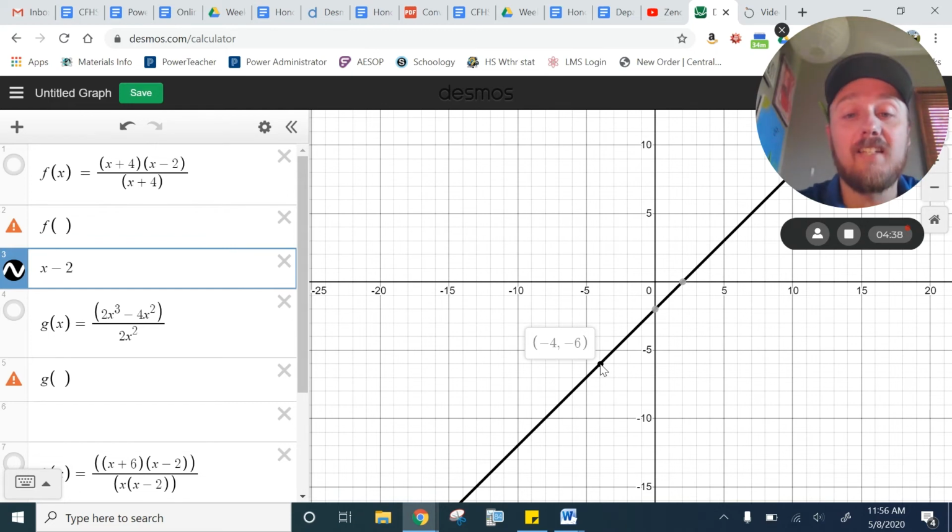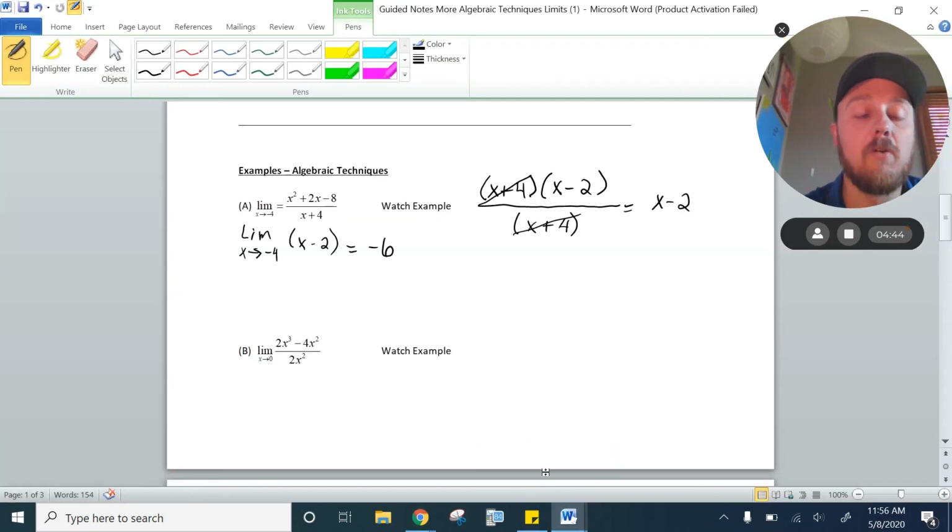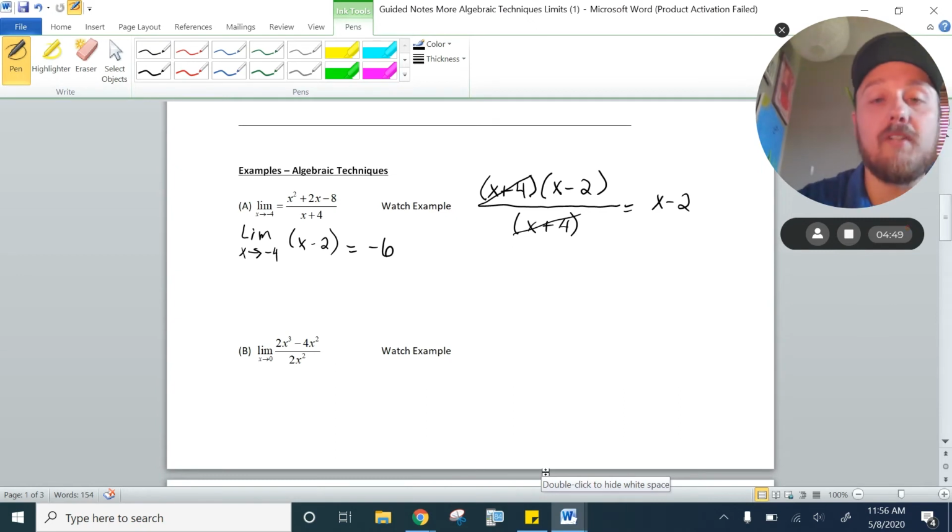So it is not technically the same graph. But for finding limits, for the purposes of what we're doing here today, we can count that. So that's how I would approach this problem.